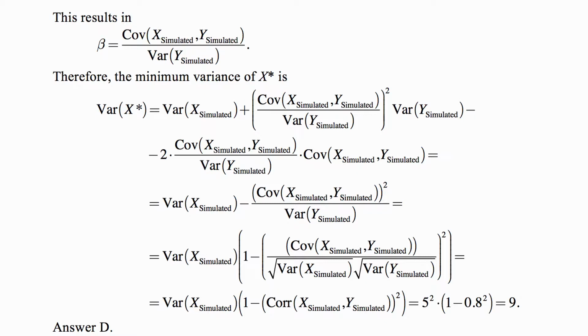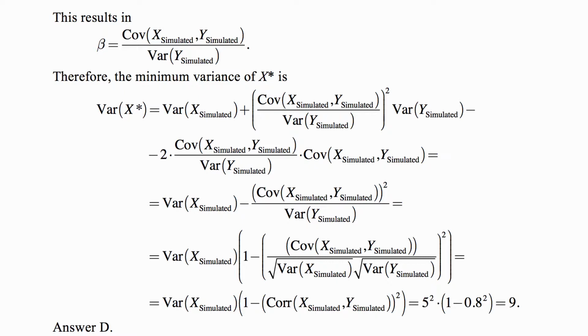If we take a common factor of variance of X simulated, then this is variance of X simulated times 1 minus the covariance of X simulated and Y simulated divided by the standard deviation of X simulated times standard deviation of Y simulated, and then the whole thing squared.